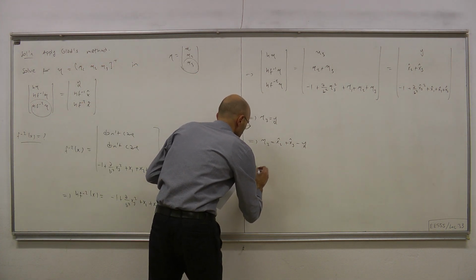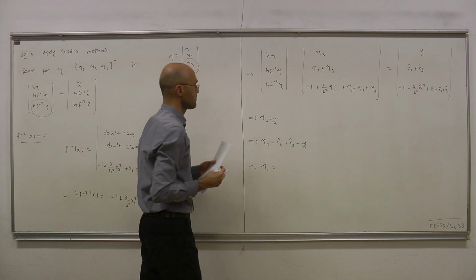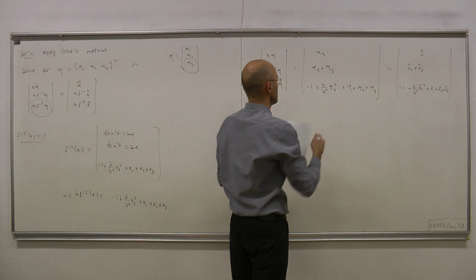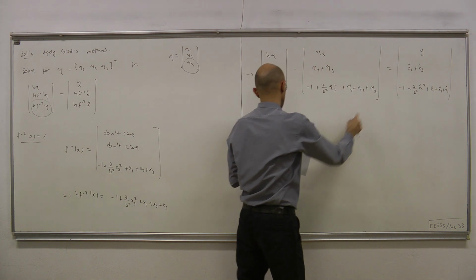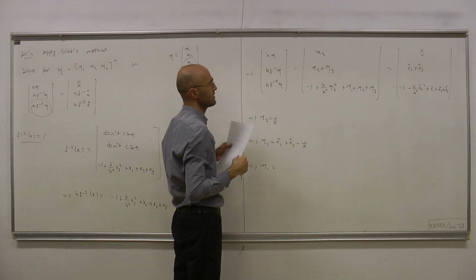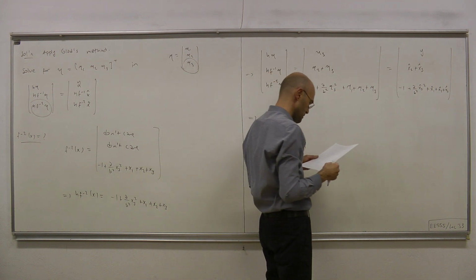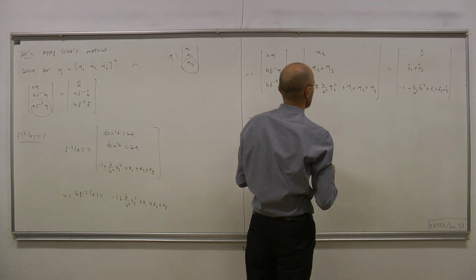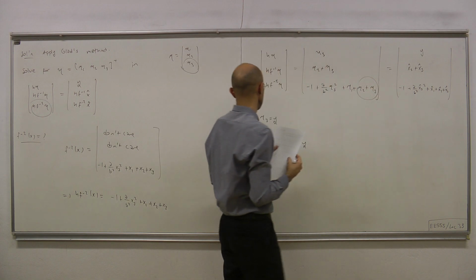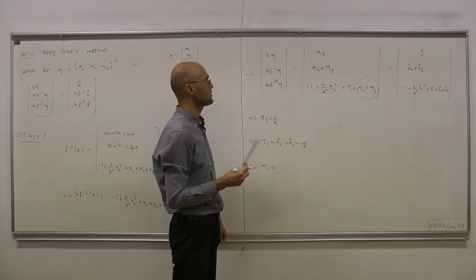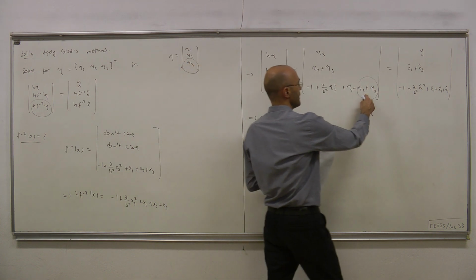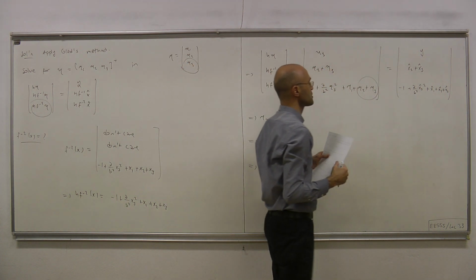Finally, for eta 1, what we have is this thing equals that. At this point, we know eta 2 and eta 3 in terms of y and x hat. Therefore, we can write simply the following. First of all, eta 2 plus eta 3. You add those two things, the y's will cancel. You have x2 hat plus x3 hat, and that will cancel this x2 hat plus x3 hat.